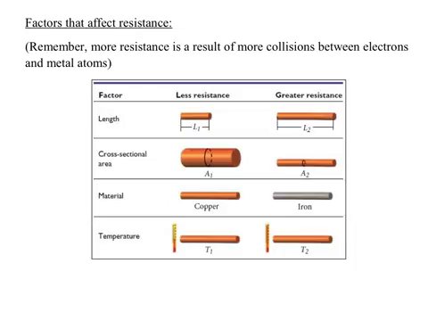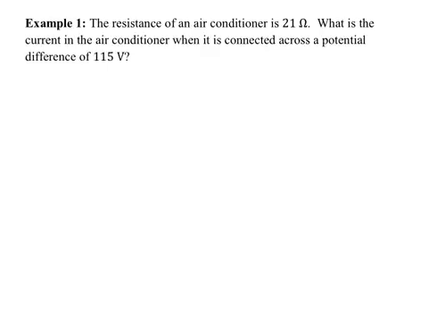Okay, those are the four ideas that affect resistance in general. Quickly, let's look at an example. The resistance of an air conditioner is 21 ohms. What is the current in the air conditioner when it's connected across a potential difference of 115 volts? Right away, potential difference means voltage. If you didn't know that, just look at the units: 115 volts.